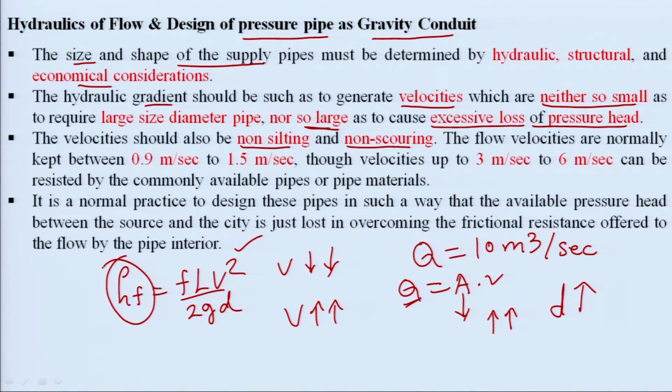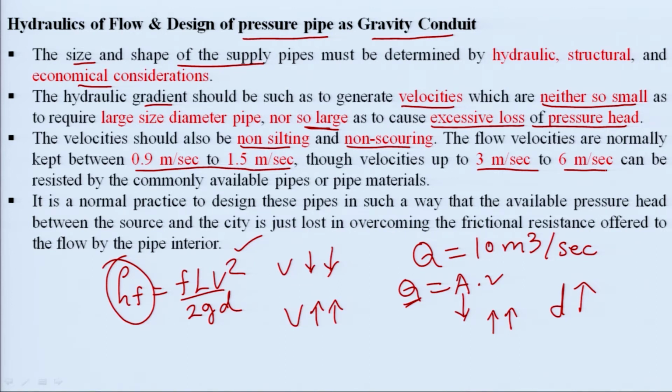So, we have to take an optimum value corresponding to the non-silting and non-scouring case, and for that purpose the velocity should be kept between 0.9 meter per second to 1.5 meter per second, or this can be raised up to 3 meter per second to 6 meter per second from the point of economy consideration.